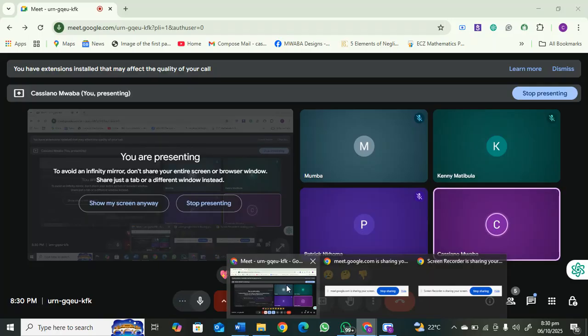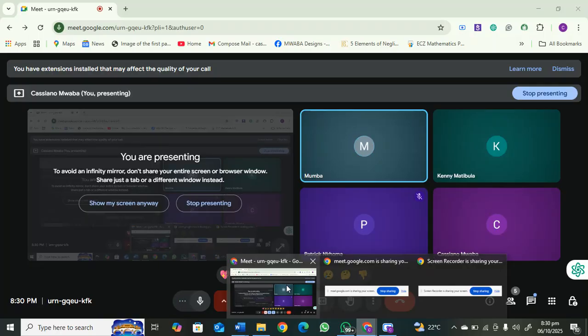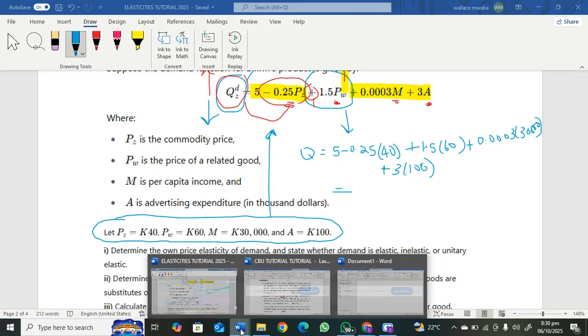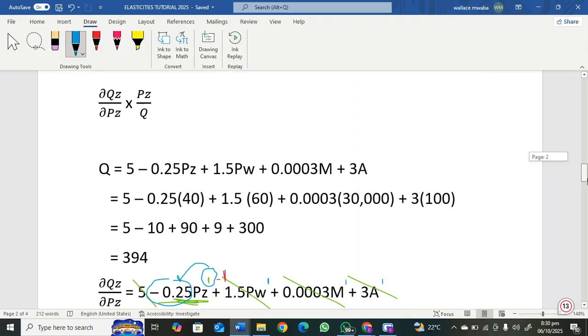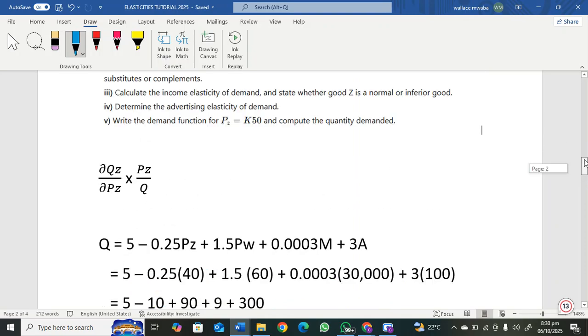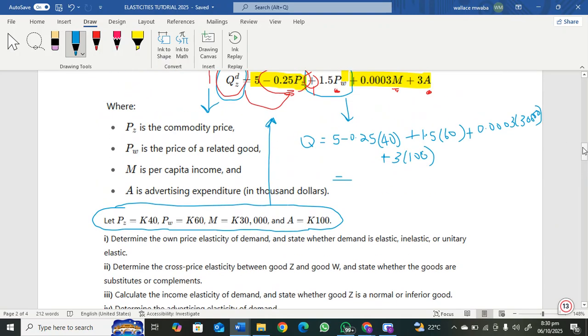Mr. Kenny, have you found the value? 394. Okay, let me just check. Yes, that's correct. 394. Yes. So, colleagues, every time you're dealing with these questions, this is the first thing you need to do.